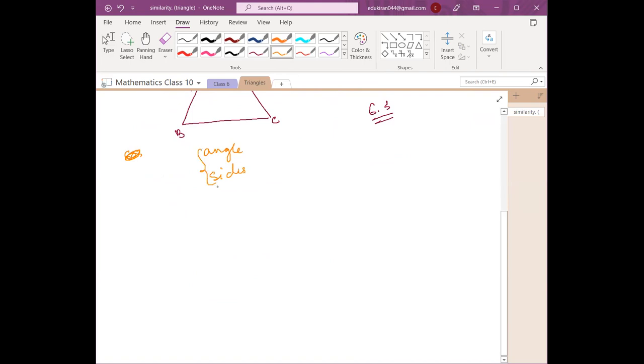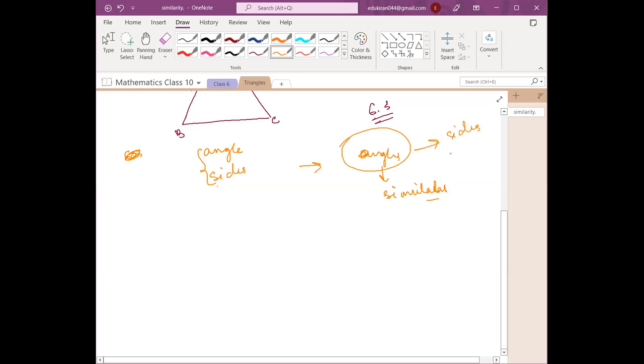The theorem says that if in two triangles the angles are equal, then the triangles are similar. That means if the angles are equal, ultimately the sides are going to be in proportion. So this is a theorem which you can use. This condition is called the AAA criterion of similarity.